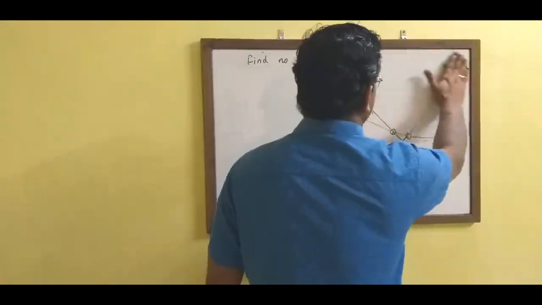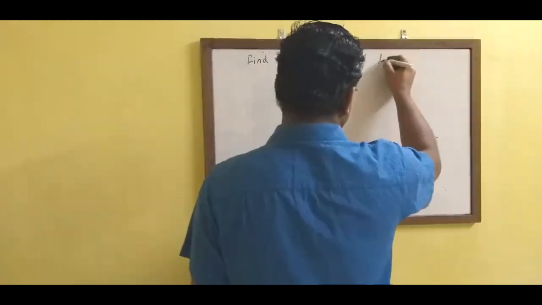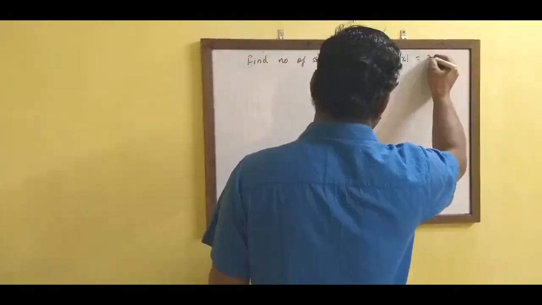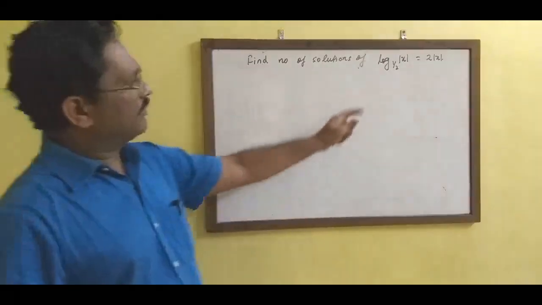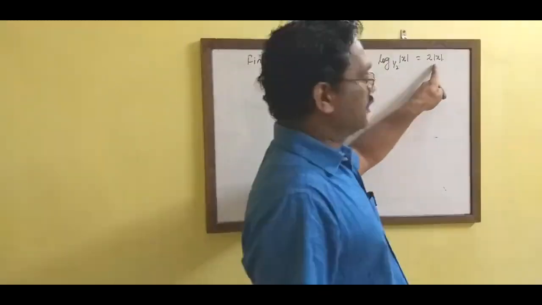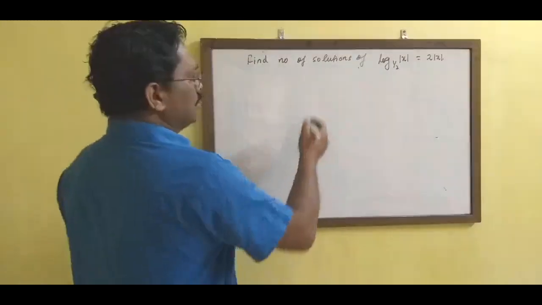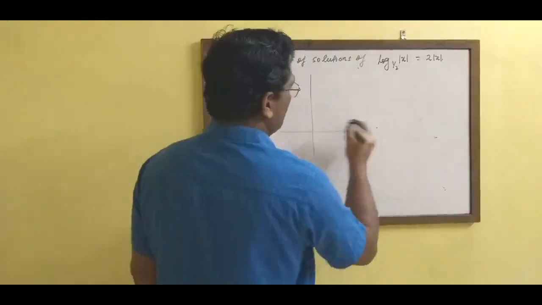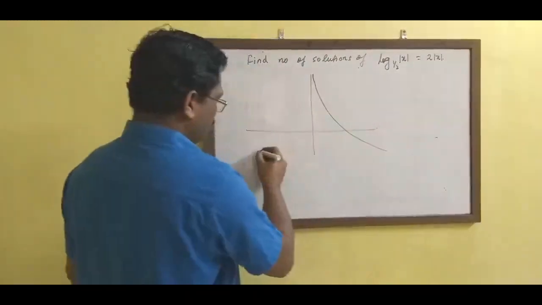Now, find the number of solutions of, suppose I am writing the equation as log mod x with respect to base half is 2 times of mod x. Now, one is a logarithmic function, the other one is a simple modulus function. So, log mod x, let's first draw this graph. Now, log x with respect to base half, it forms like this.